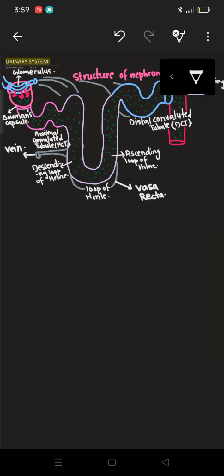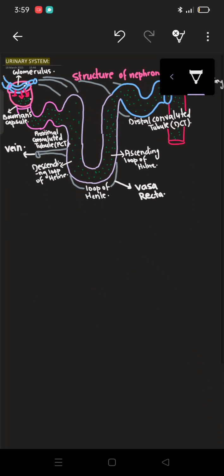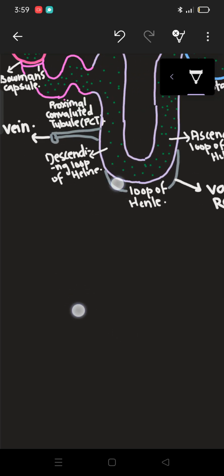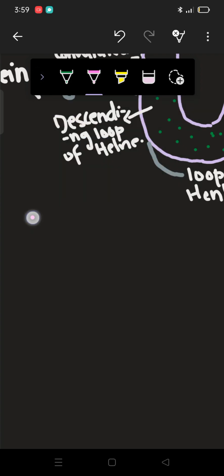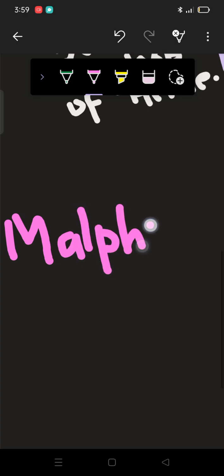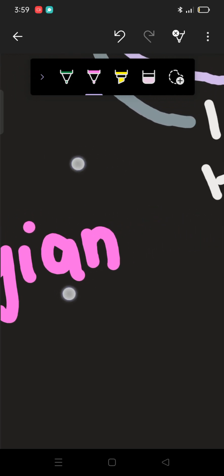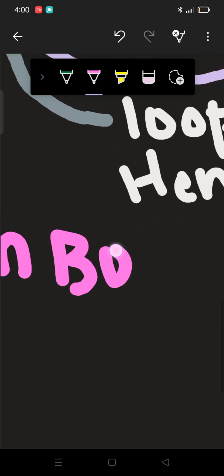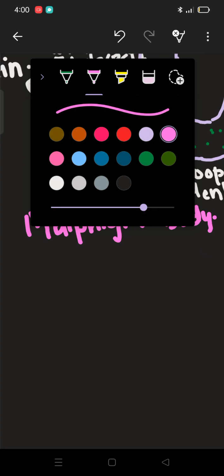Now, here is a very interesting thing we should know as well. Here, as you can see, this glomerulus plus this Bowman's capsule combinedly are known as Malpighian body. So I should write this down, Malpighian body. Which is the combination of two things.